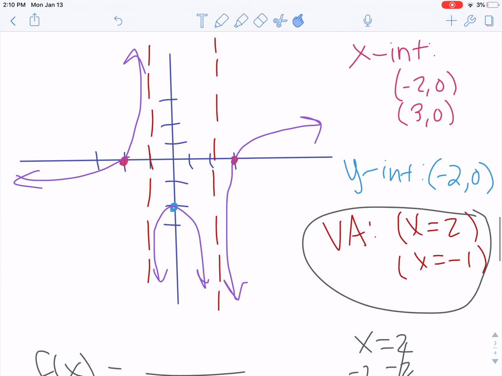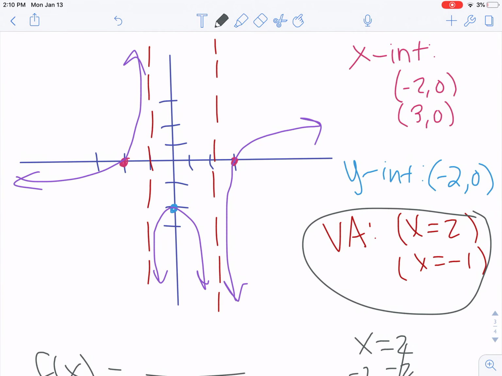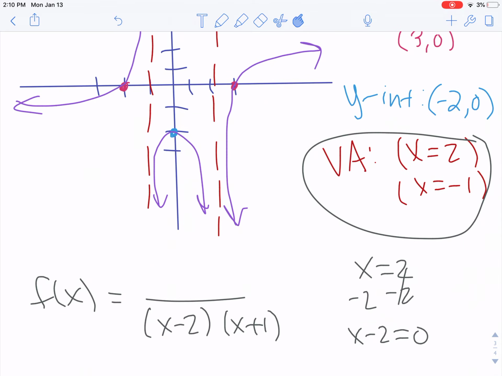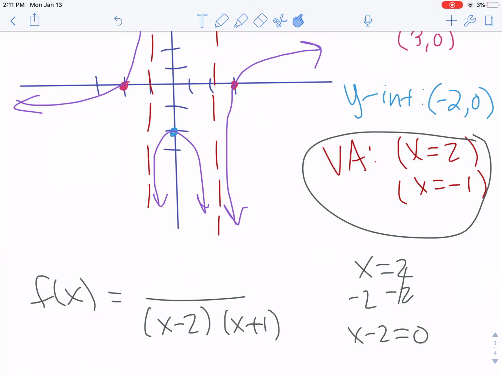So if you look at your graph at x equals 2, both ends are going the same way. That means my multiplicity must be even, and for our purposes, we're just going to say it's squared. For the multiplicity on the x plus 1, because they're going opposite directions, we know that it has an odd multiplicity. So we're just going to say it's 1.